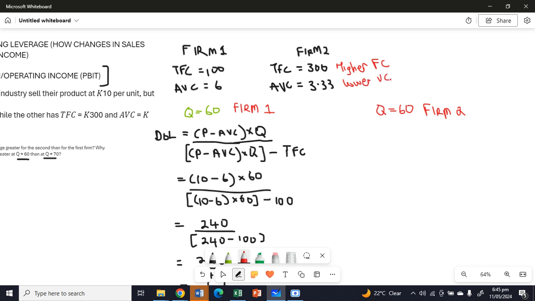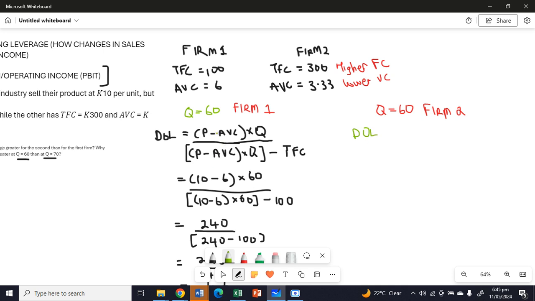Firm 2 has a higher fixed cost than firm 1 and a lower variable cost. I'm going to first highlight the relationship between degree of operating leverage and fixed costs. We're going to compare the two firms, and what we're going to see is that if you have higher fixed costs, you have a higher degree of operating leverage.